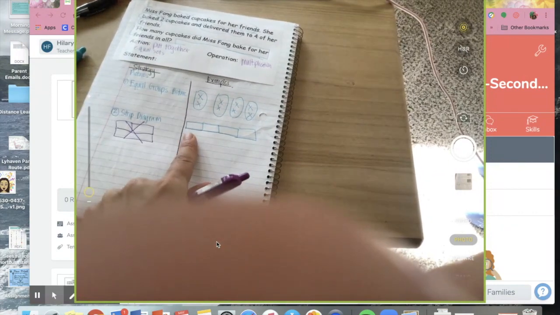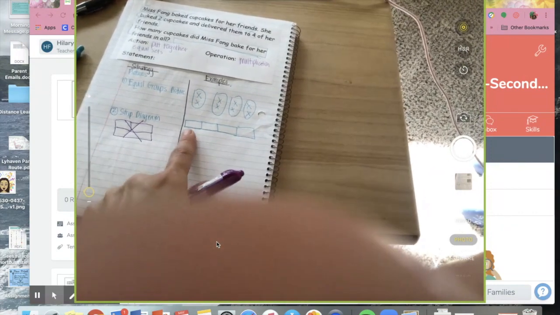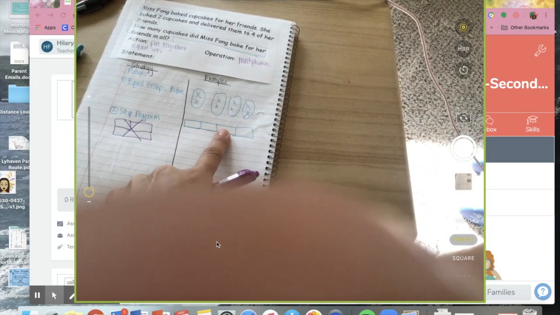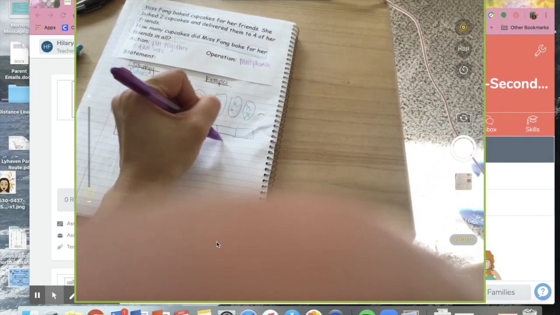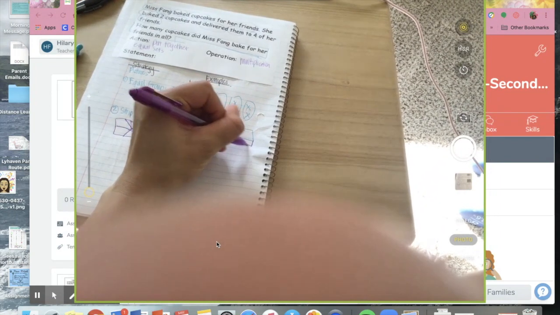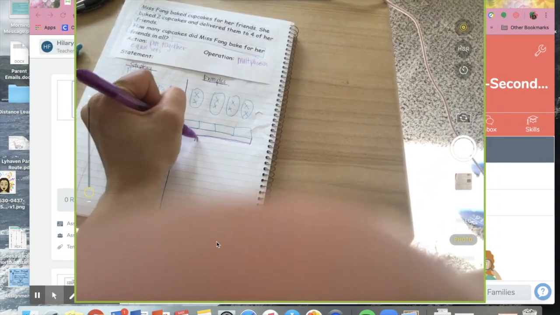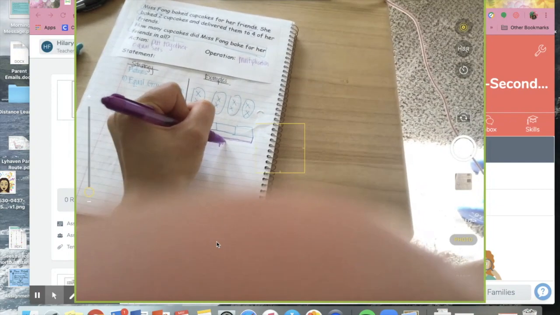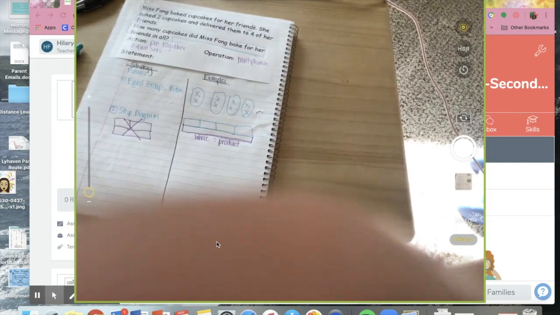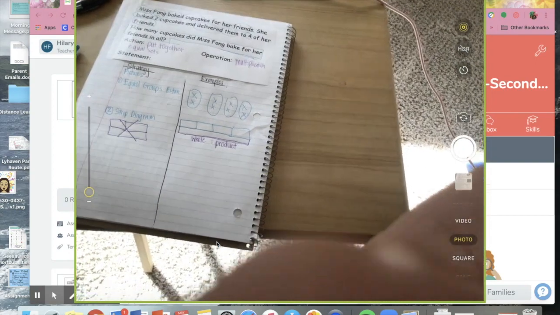So you want to show your groups next to each other. Like this is friend 1, friend 2, friend 3, and friend 4. And then on the bottom, you're going to draw that whole strip to show the whole or product. Remember, product is what we call the answer for multiplication.